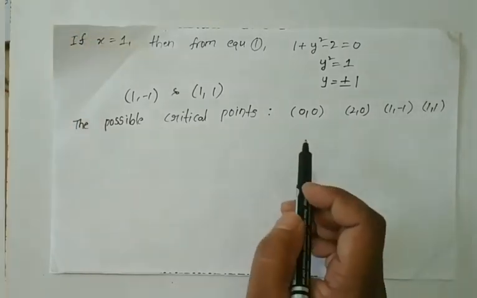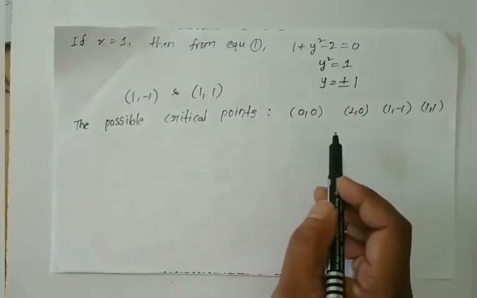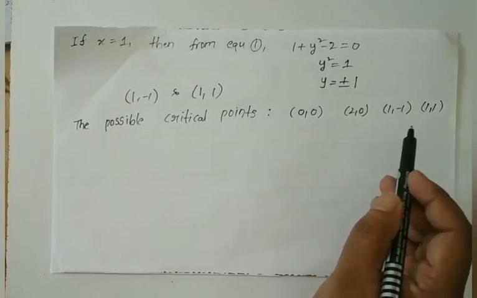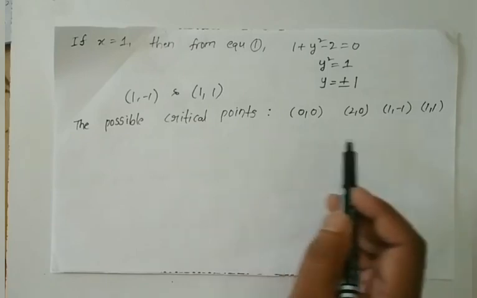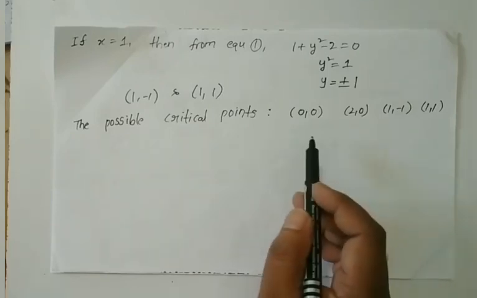So here the points (0, 0), (2, 0), (1, -1) and (1, 1) are called possible critical points.